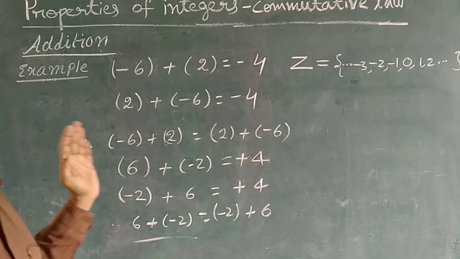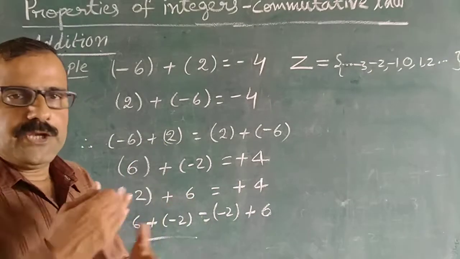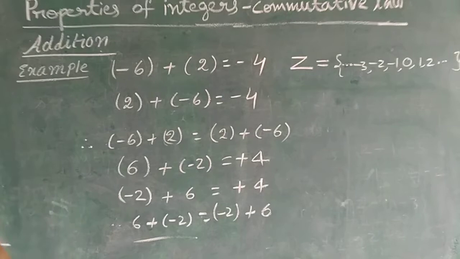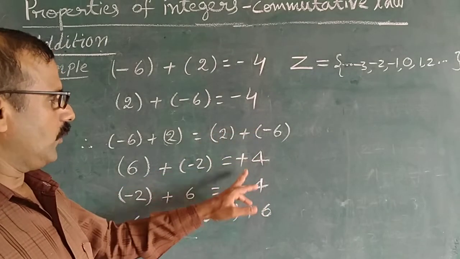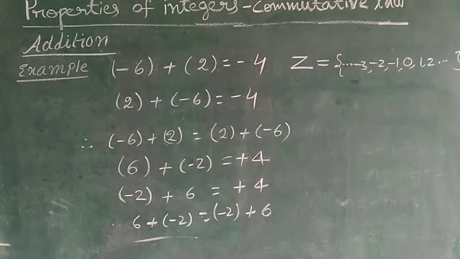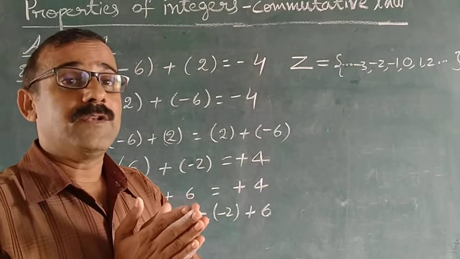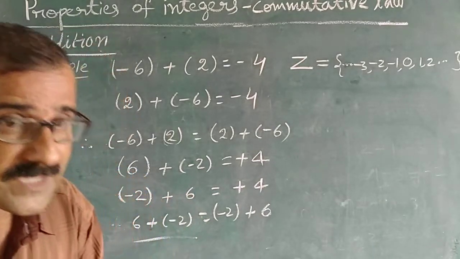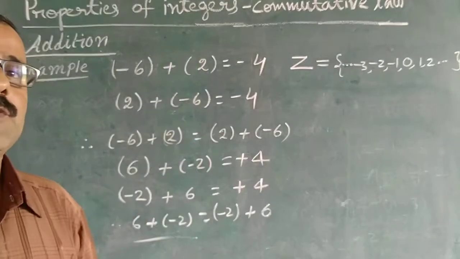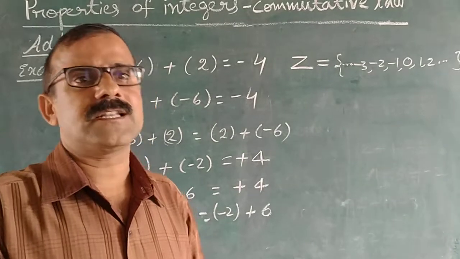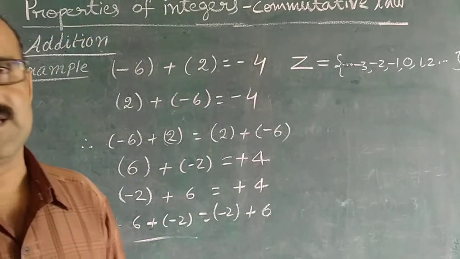So irrespective of the order, if you add any two integers, the sum is always an integer. Minus 4 is an integer, 4 is an integer. Okay, children, the concept is: when we add two positive integers, the result is always a positive integer. When you add two negative integers, the result is always a negative integer. Keep that in mind.